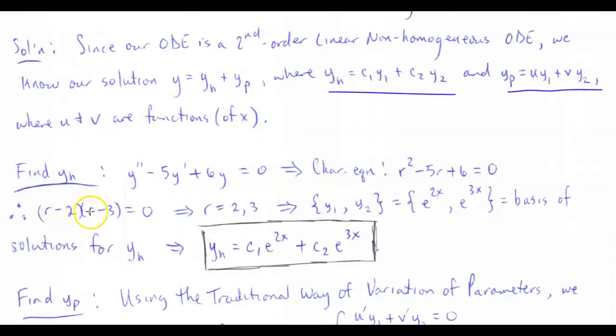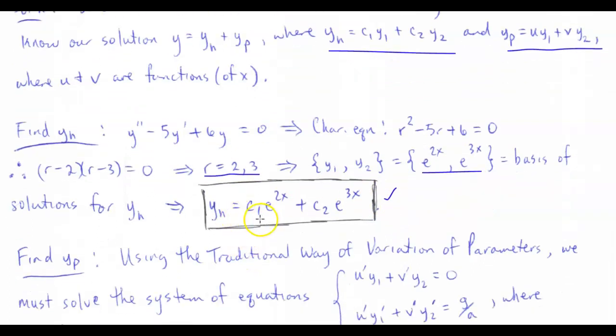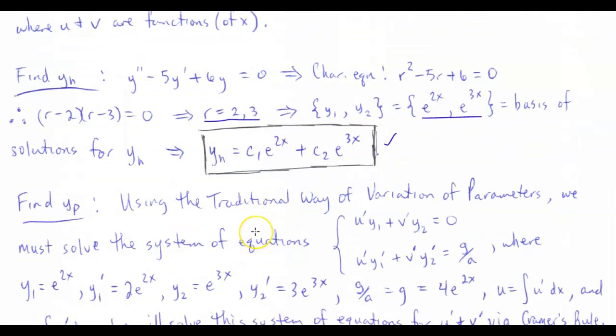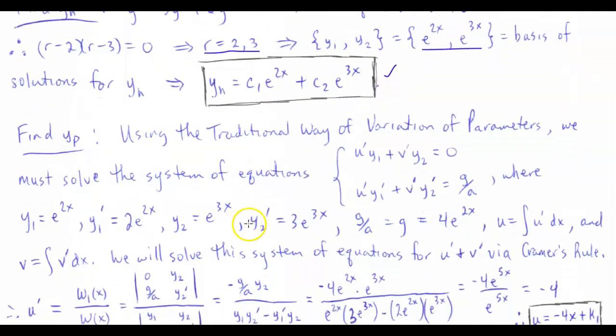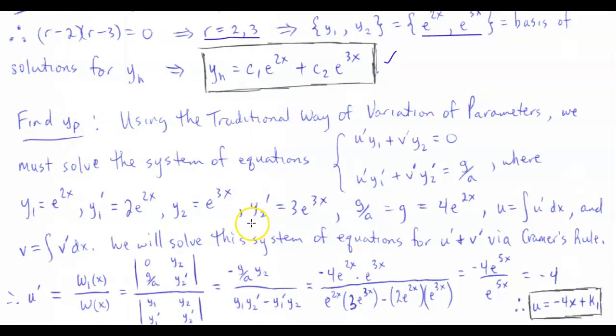That factors out to r minus 2 times r minus 3 equals 0, which means our two roots are 2 and 3, which means our basis functions are e raised to the 2x and e raised to the 3x, which means that our homogeneous solution is of this form, where we do any linear combination of e raised to the 2x and e raised to the 3x.